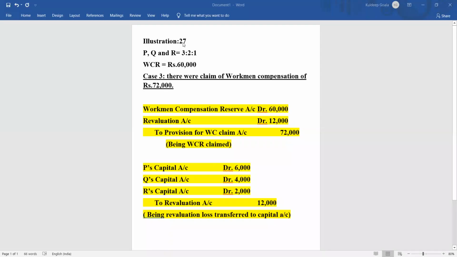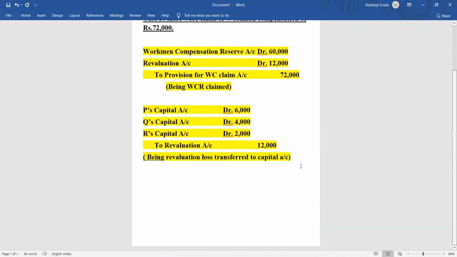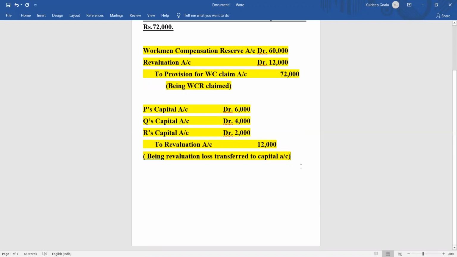Yeah, this was illustration 27. Now we will take illustration 28. What is the situation here? Investment fluctuation reserve, how much do we have? Rupees 30,000.